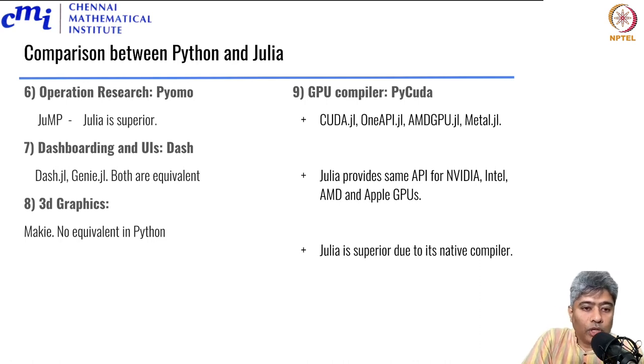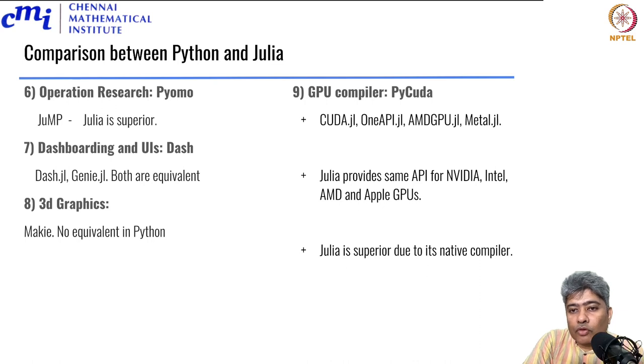If you want dashboard UIs, Dash and Genie are both equivalent, I would say. Dash is the Python UI and dashboard package. For 3D graphics, Makie is beautiful; almost no Python package is as good as Makie.